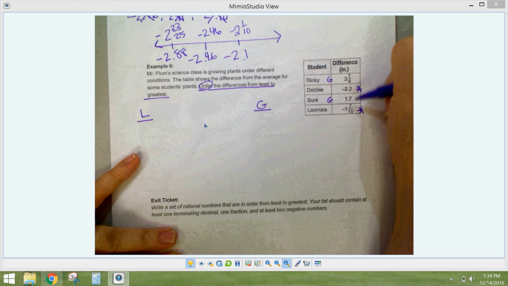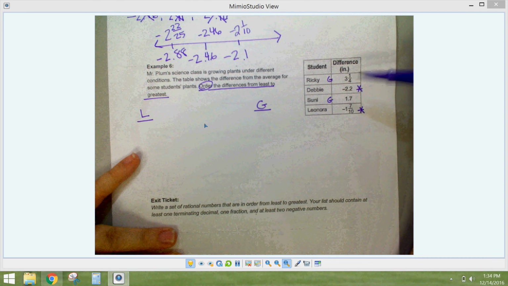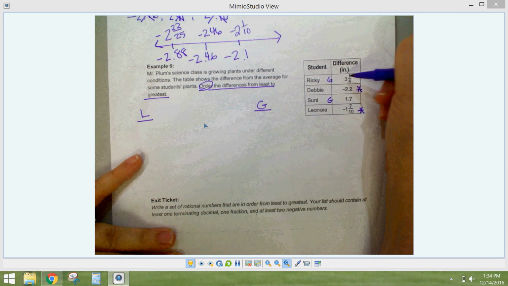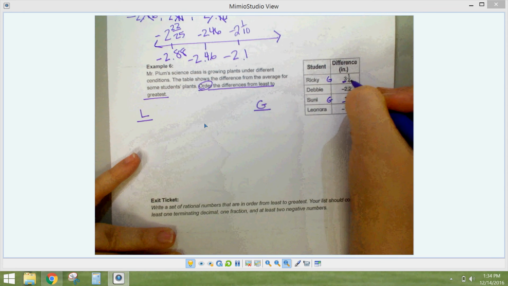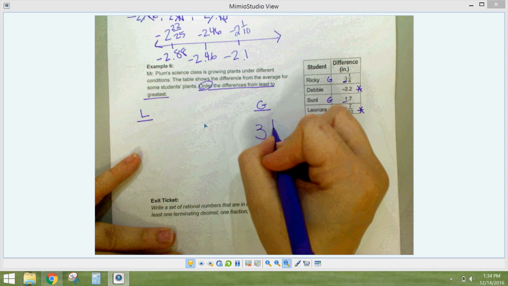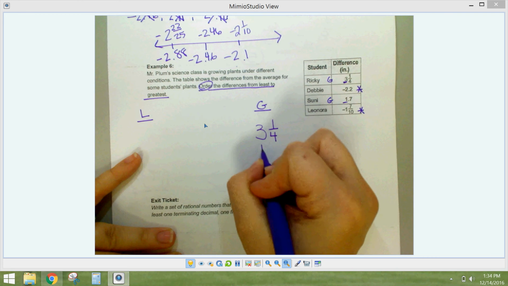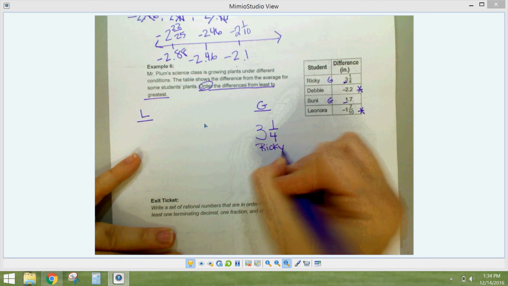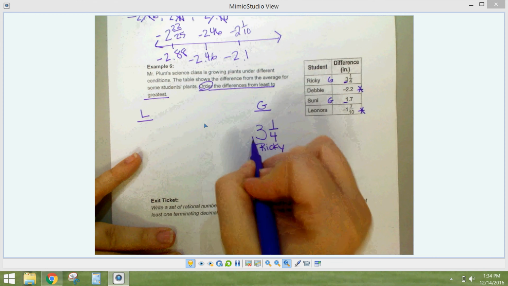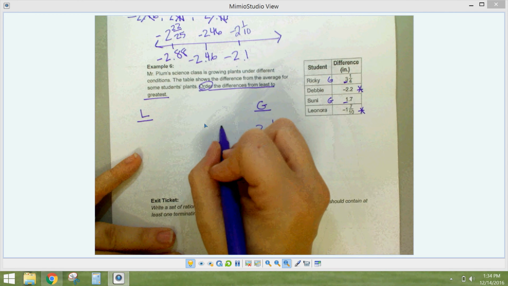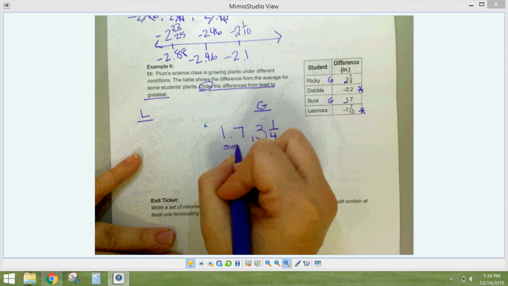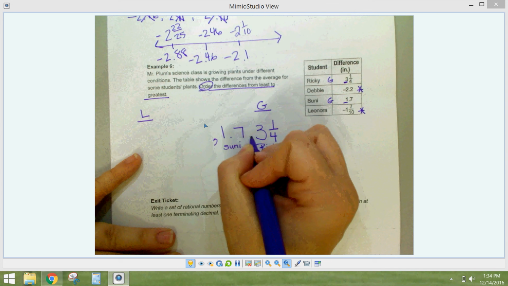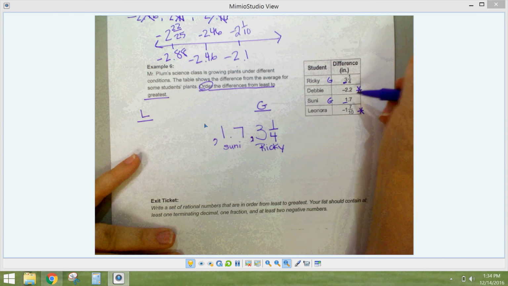And I can do it by not even putting them in decimals or anything because I have a whole number of 3 and a whole number of 1. So my greatest would be 3 and 1/4, and that's Ricky. And then my one after that would be 1 and 7/10, which is Sunny. And then these are my 2 least.